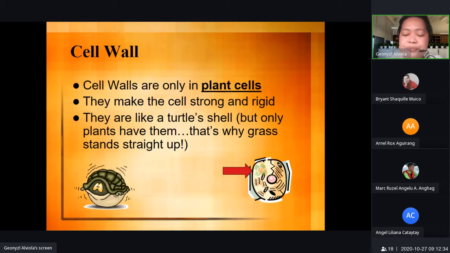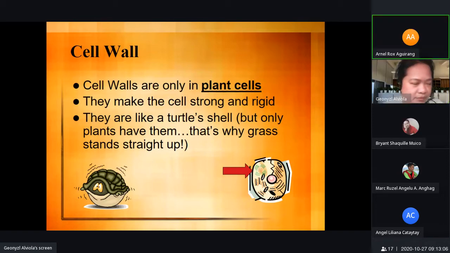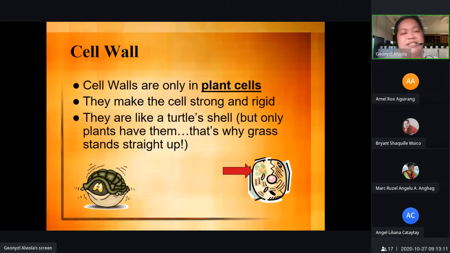It can also engulf tiny foreign material inside the cell, and it could also cause cell death. The peroxisomes were not mentioned here. Where are peroxisomes present? Plants, animals? Animals, ma'am. They are not in plants. Very good. Okay, next.